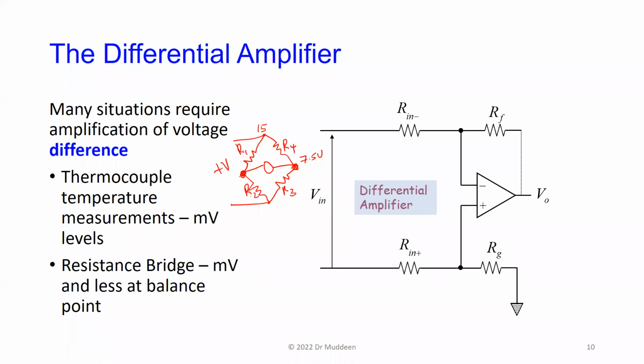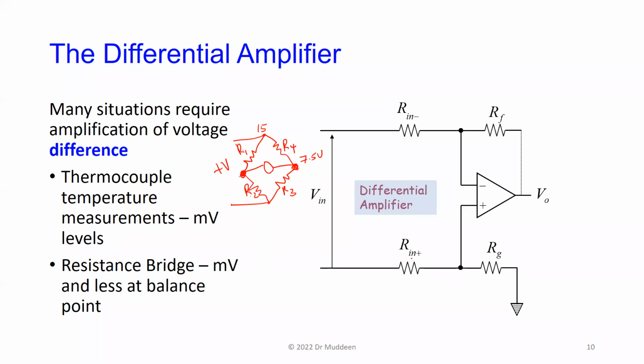And the configuration for the differential amplifier was an op-amp. We're using both inputs this time because the op-amp has an inverting and a non-inverting input, and we put the differential voltage that we want to measure across the 2 inputs. We have 2 resistors. One goes to the negative input, and we call it Rn negative.